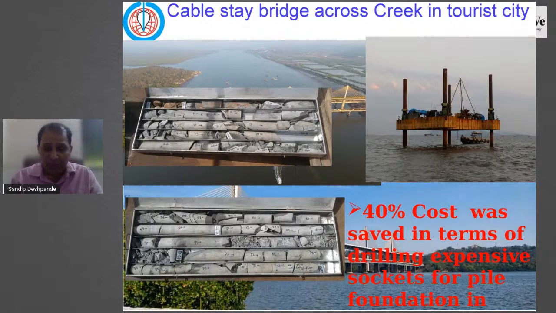Now, certainly this improved the confidence of the designers, and they were able to have premature terminations of sockets, and that saved them significant cost and time of foundations which were required to be taken up. So the quality of investigations does significantly help while taking it forward.